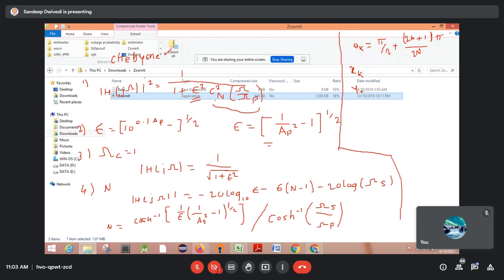From this theta k you can find xk and yk. So xk will be r cos theta k. Theta k we already calculated. Then yk will be r sin theta k, but here that r will be the capital R.